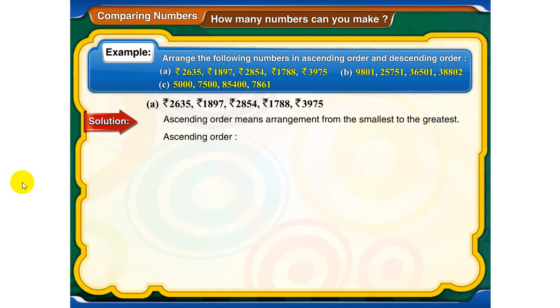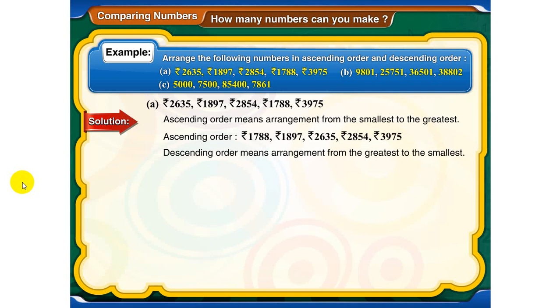That is, Rupees 1,788, Rupees 1,897, Rupees 2,635, Rupees 2,854, Rupees 3,975.